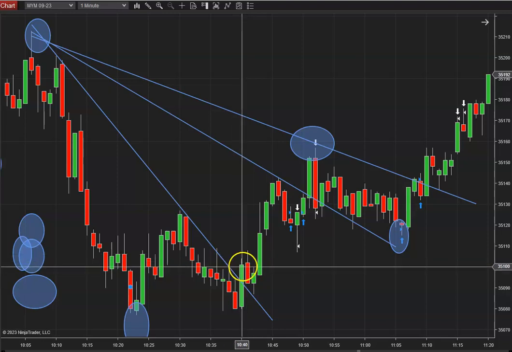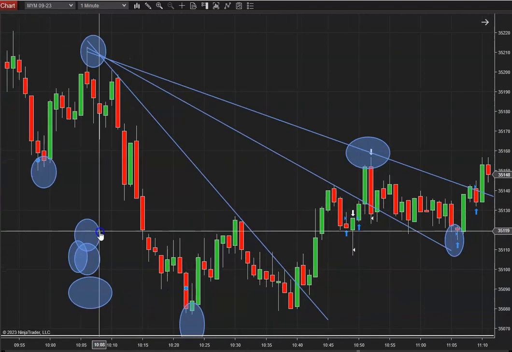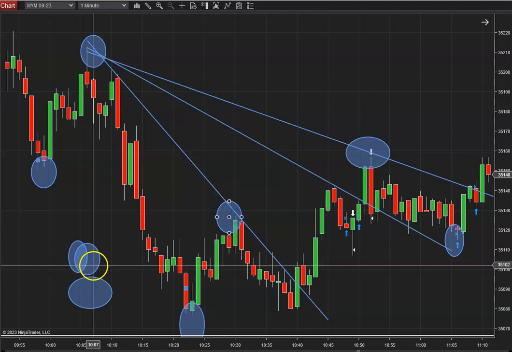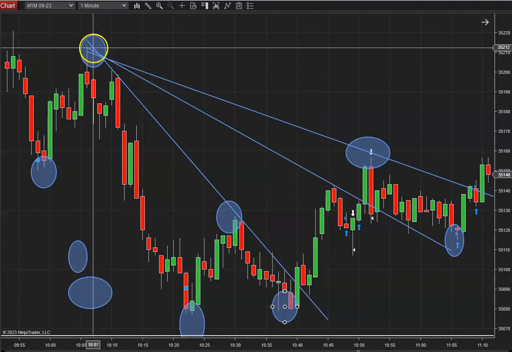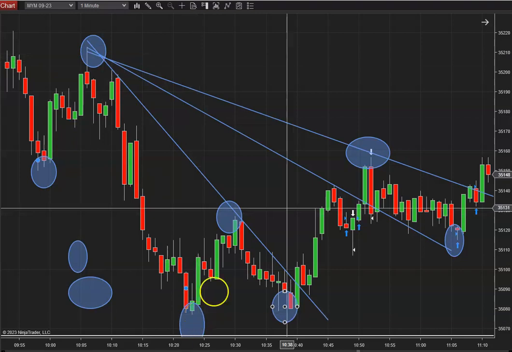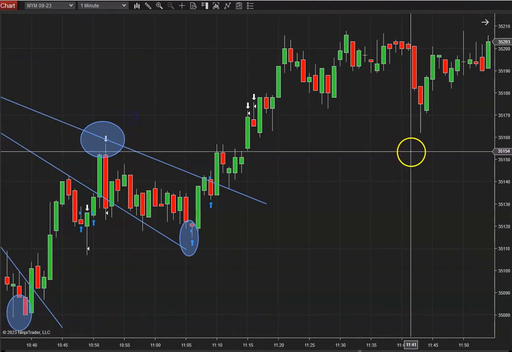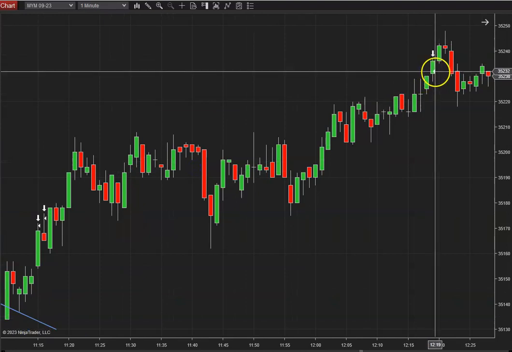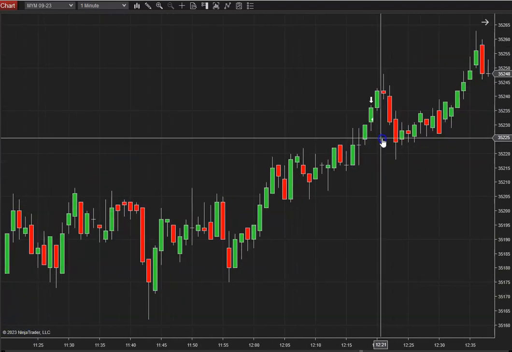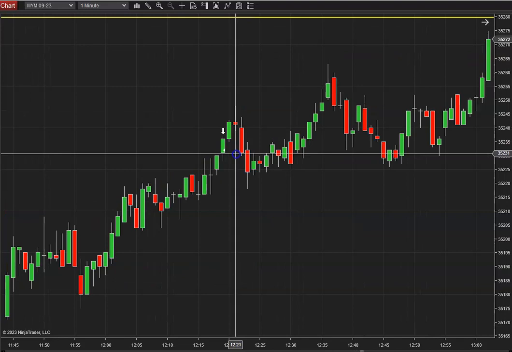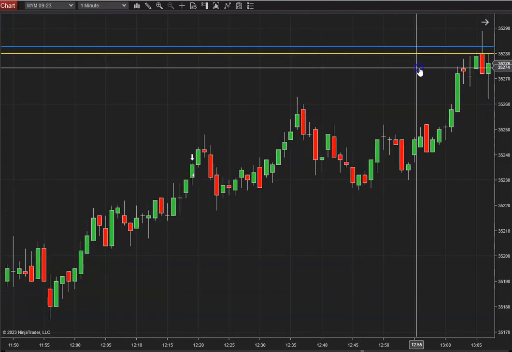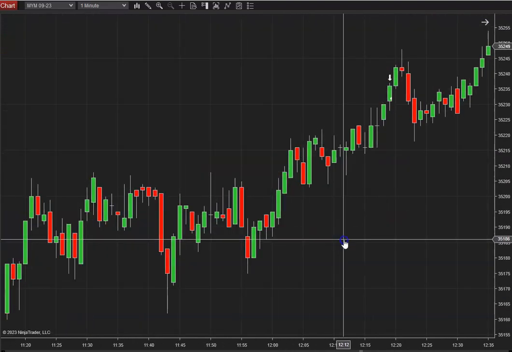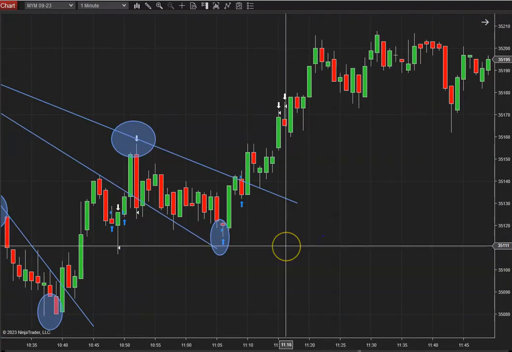That's not where I entered, but again, if you put the circles here and here, as we just had, 130 points, right from the neck to the head. And as you can see, I exited right there. Then eventually it does get up to 270, after 1 o'clock, and confirms all that. So it's a nice risk reward ratio on these.